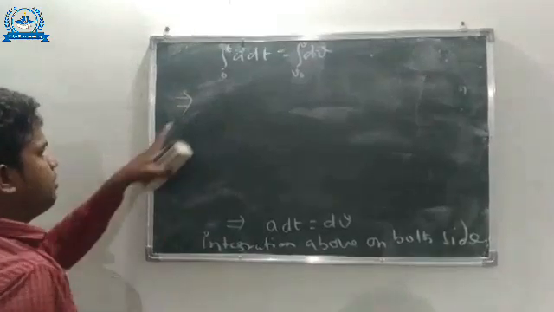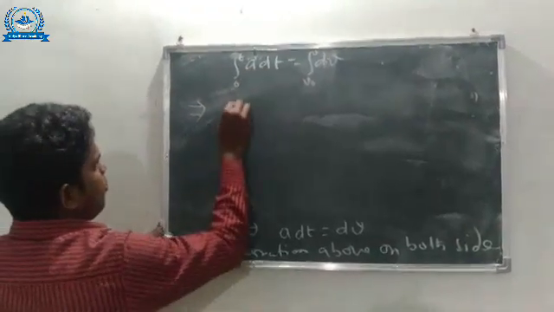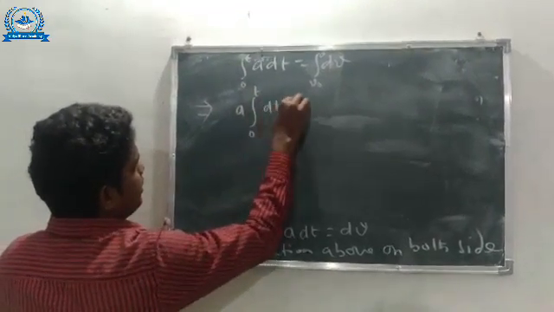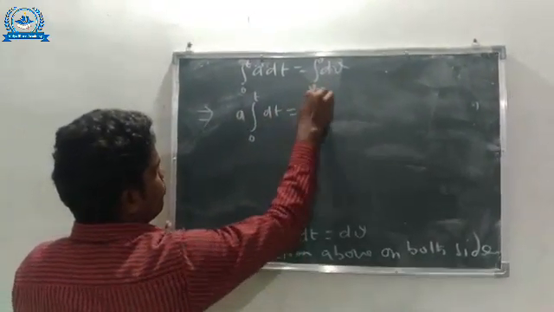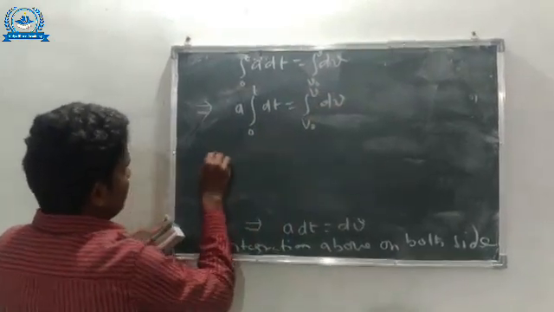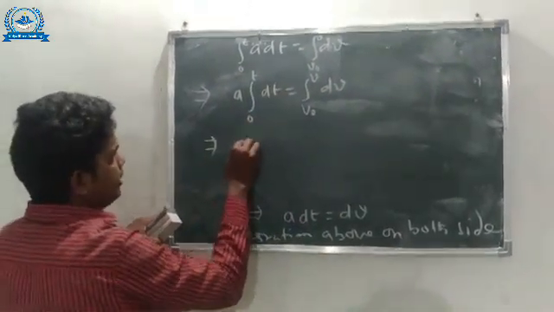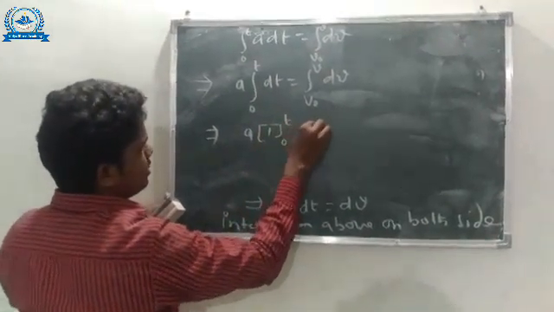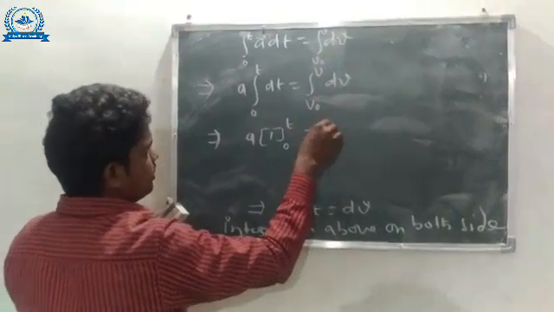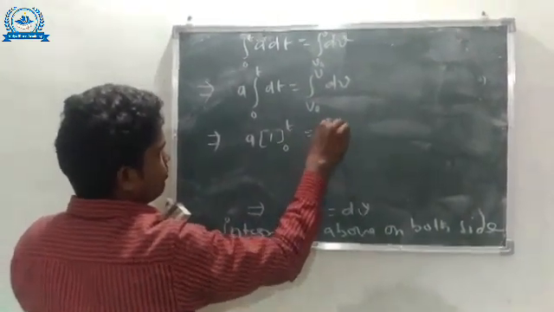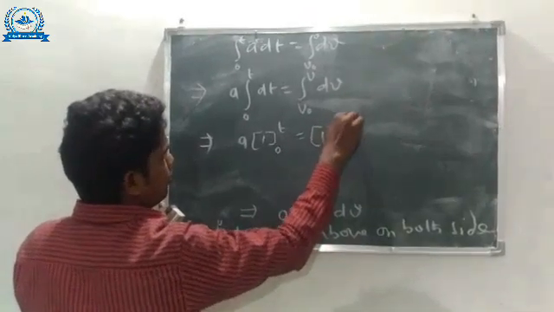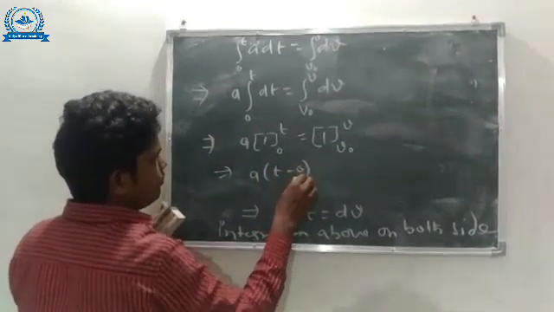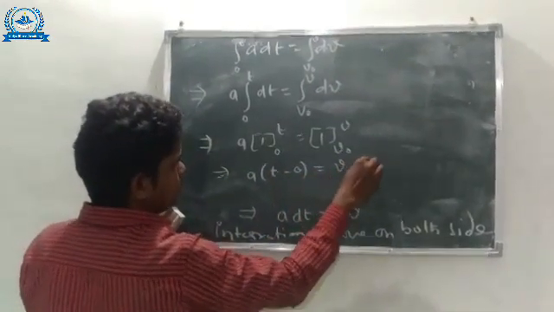So taking a as common, we get a integral from 0 to t of dt is equal to integral from v0 to v of dv. Solving it further, the left hand side becomes a times t minus 0, and the right hand side is v minus v0.